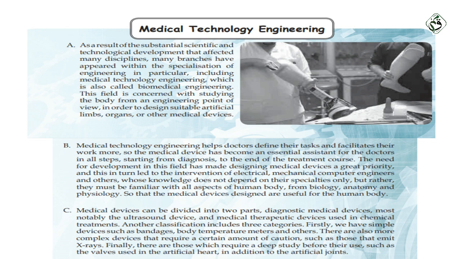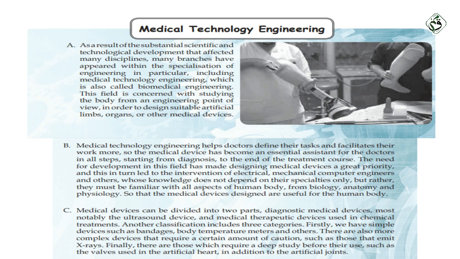Medical devices can be divided into two parts: diagnostic medical devices, most notably the ultrasound device, and medical therapeutic devices used in chemical treatments. Another classification includes three categories. Firstly, we have simple devices such as bandages, body temperature meters, and others.